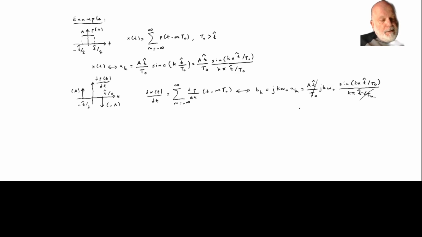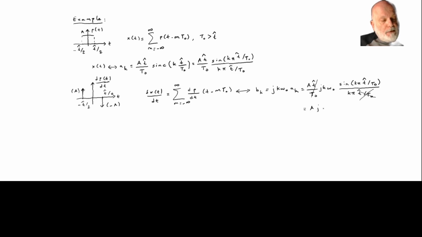And we write this as j k omega 0. Also, we have a cancellation of k's. K will cancel out.